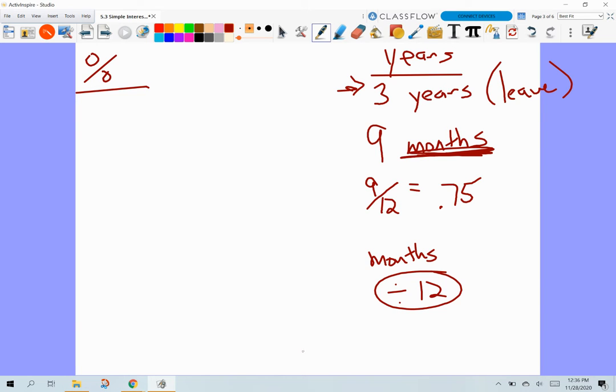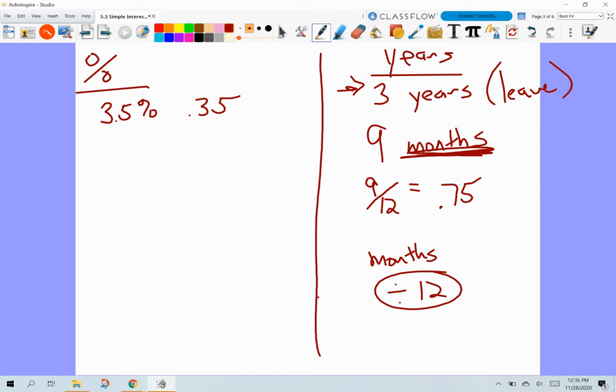The other mistake that I was seeing consistently is if you had a percentage that was a decimal, like 3.5%, a lot of people in their calculations converted that to 0.35%.